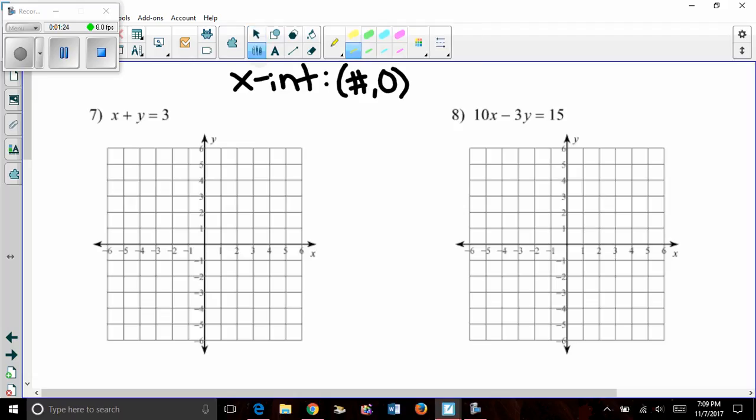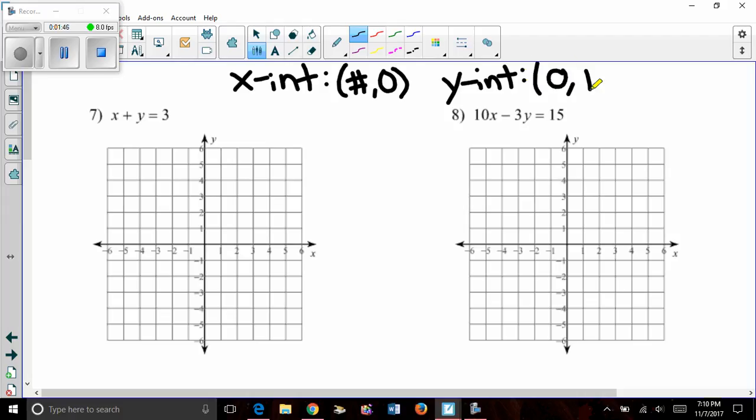Now, the next part we'll deal with is the y-intercept. Let me switch that color. The y-intercept is when we have 0, comma, some number.